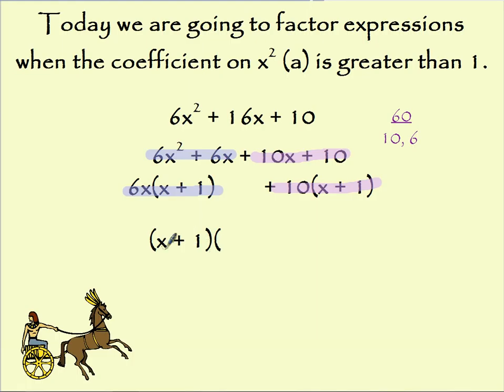So if I take out the x plus 1, what is going to be left over in the blue term? It's only going to have 6x left over. And in the purple term, if I take out the x plus 1, what's left over? A plus 10.